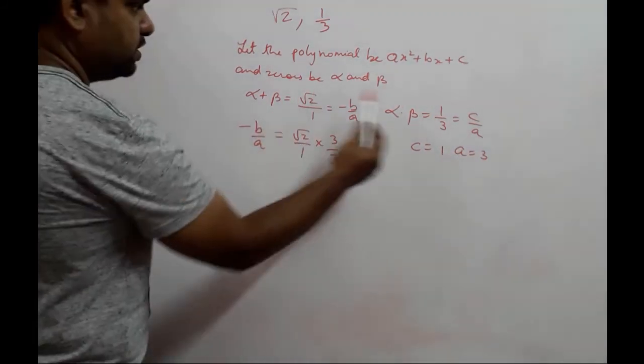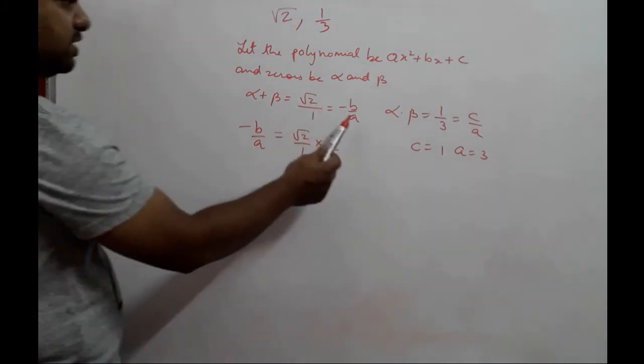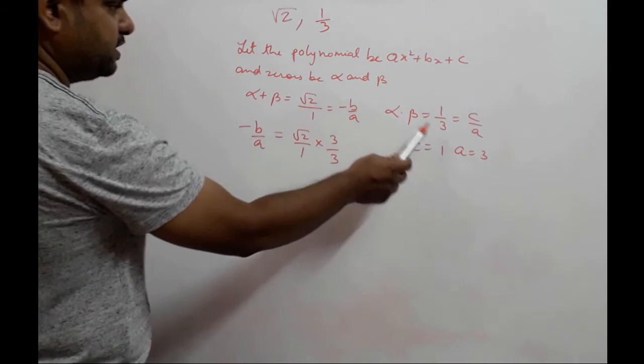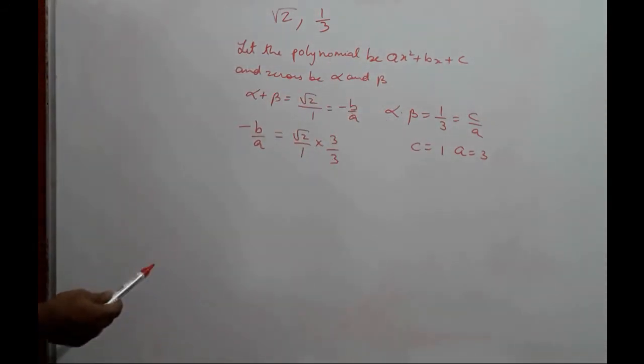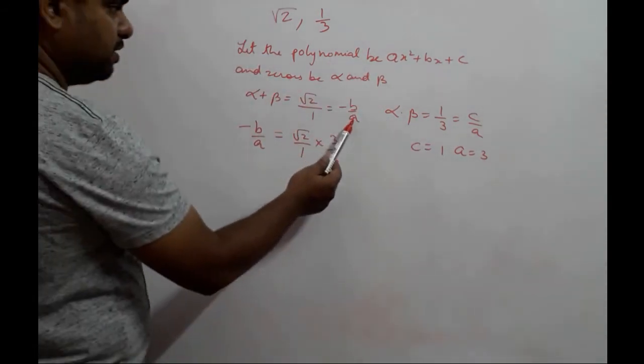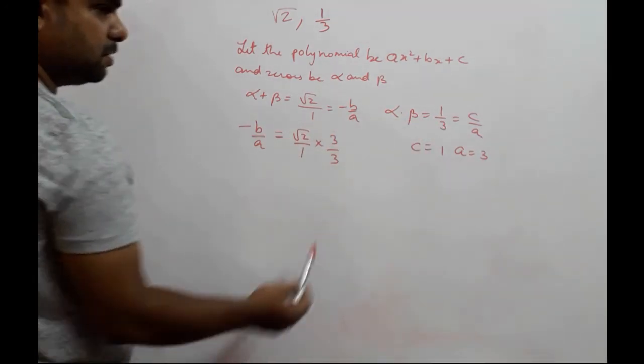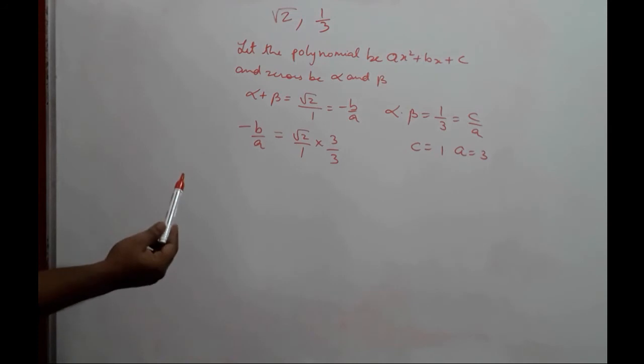In this situation, always look forward to what is a. At one place if a is 1 and in another place a is some other number apart from 1, then you need to multiply the other number, like in this case this number with this particular number, so that the two become the same.